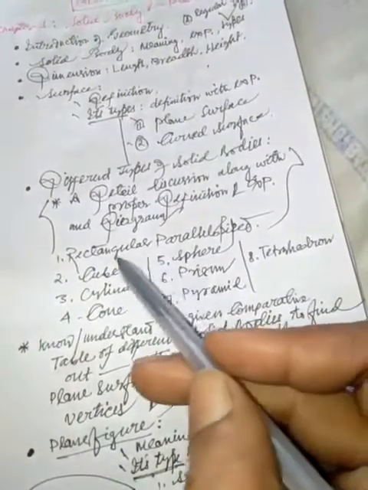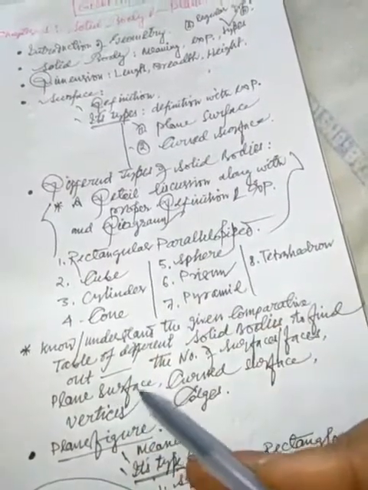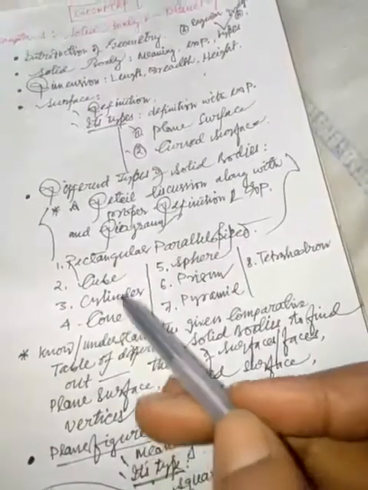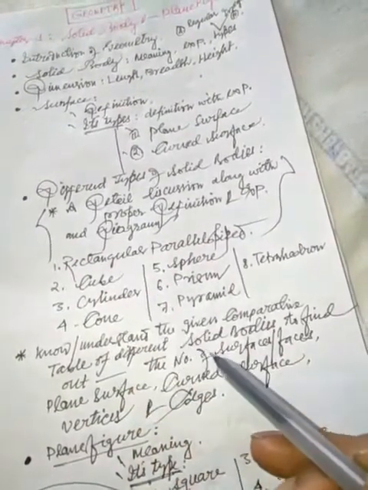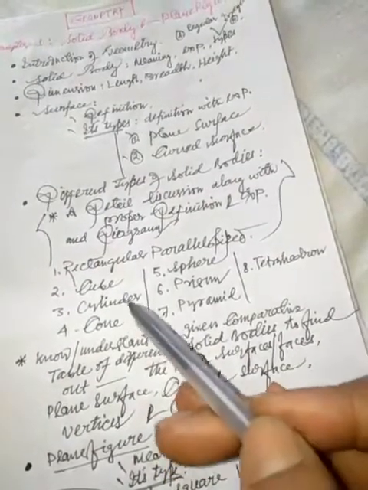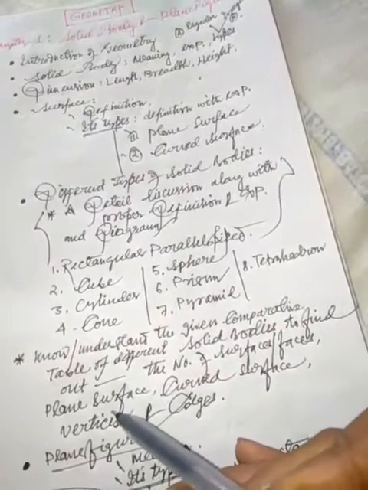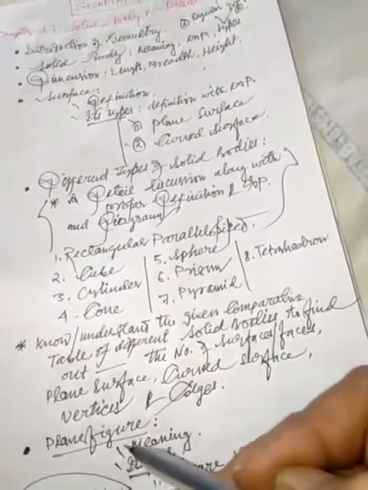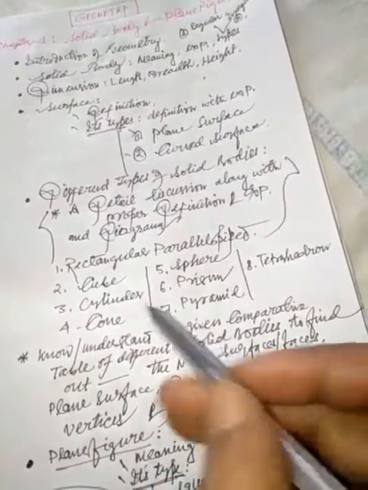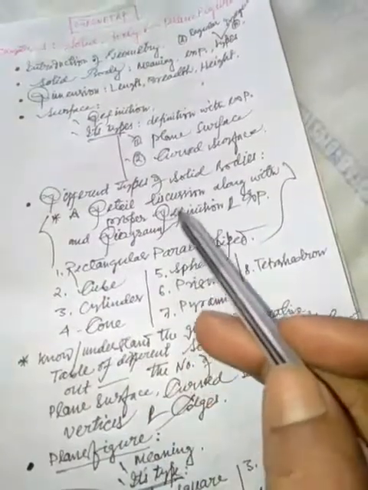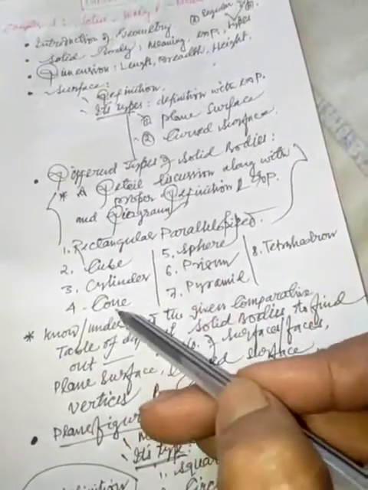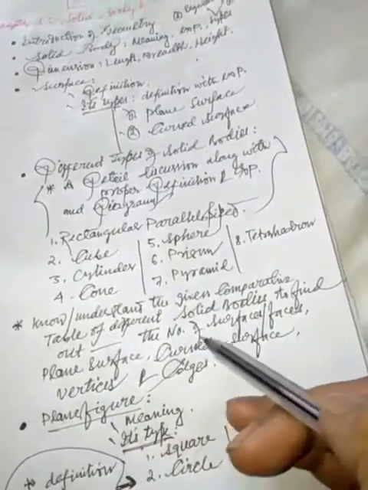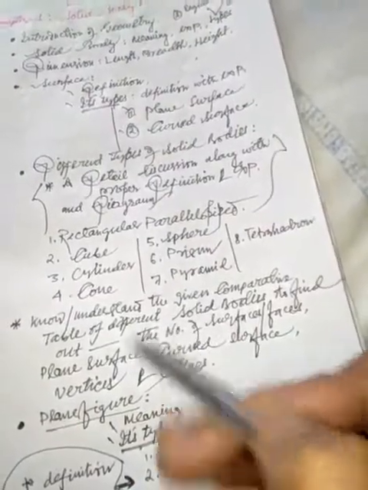If I consider this rectangular parallelopiped, then this topic is trying to say you that there are how many numbers of surfaces in rectangular parallelopiped, or how many numbers of plane surface, or how many numbers of curved surface, or how many numbers of vertices and edges in all cases of solid bodies. So in your book you will get a comparative table to study these things.